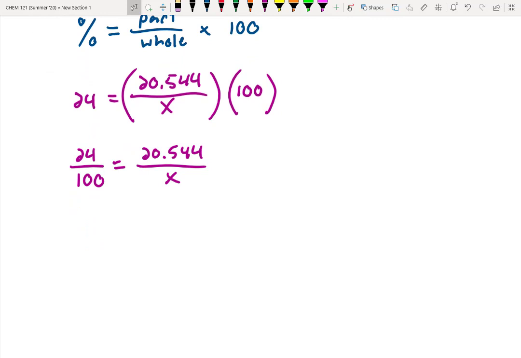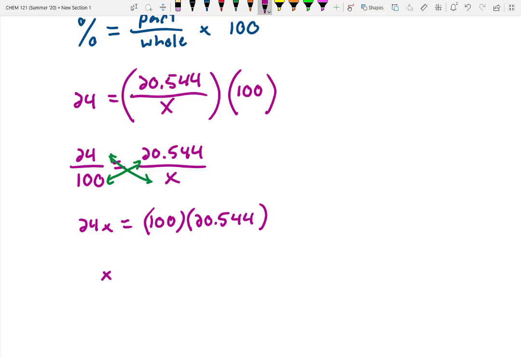So now we need to solve for X, which we can do by cross-multiplying and dividing. I'm going to multiply these two units together, and that will equal these two units when they're multiplied together. So let's do that really quickly. 24x is going to be equal to 100 times 20.544. We're almost there.